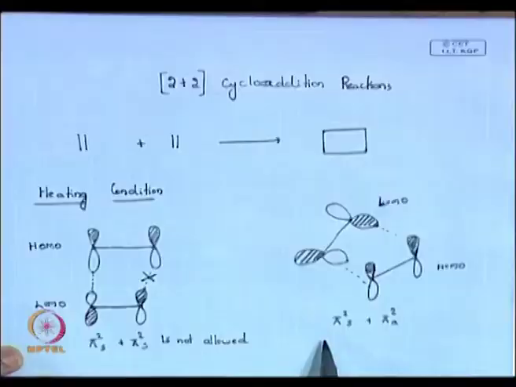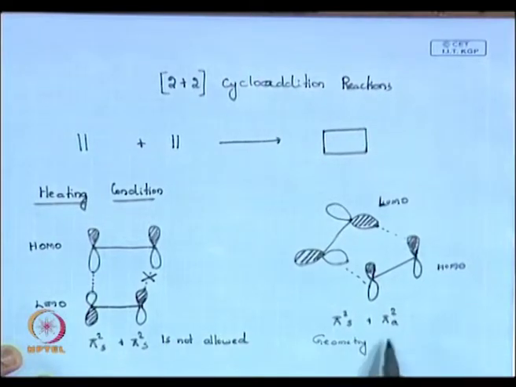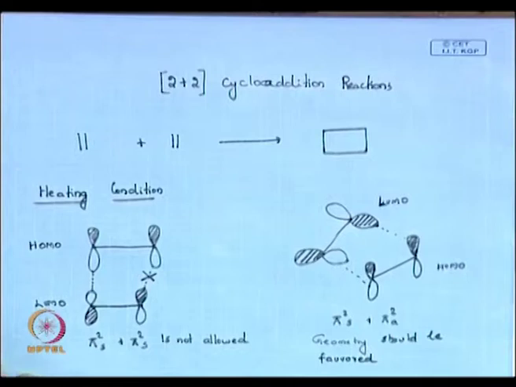So, most of the cases they become forbidden, unless the geometry allows them. That is the important thing you have to remember. The geometry should be possible, the geometry should be favored. Otherwise, you cannot see this.